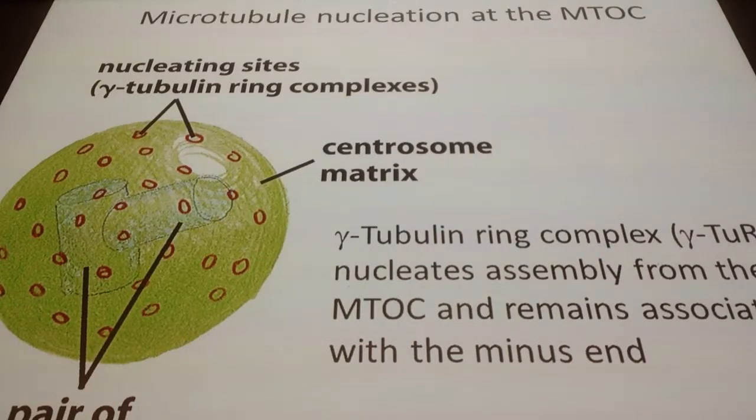So the story that I just told you is a simplified story, and there are some complications that we don't understand yet. But in a nutshell, nucleation of microtubules requires an MTOC, and then it requires the gamma tubulin ring complex to adhere or anchor onto the MTOC before nucleation of microtubules can occur.